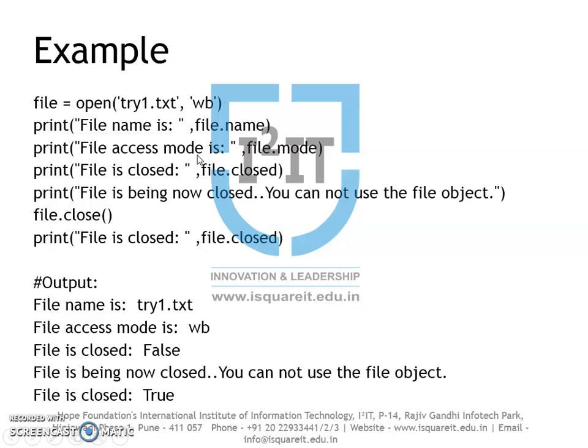Still it is not closed, so it will return false. Now it is displayed that the file is being closed and you cannot use the file object now; this is just a print statement. Now we have closed the file, and we are checking the attribute file.closed. Now as the file is closed, it will return true.